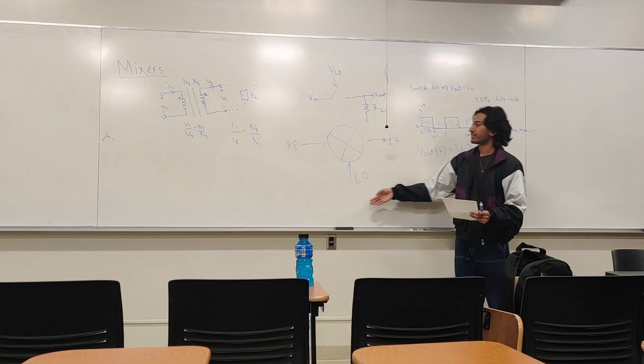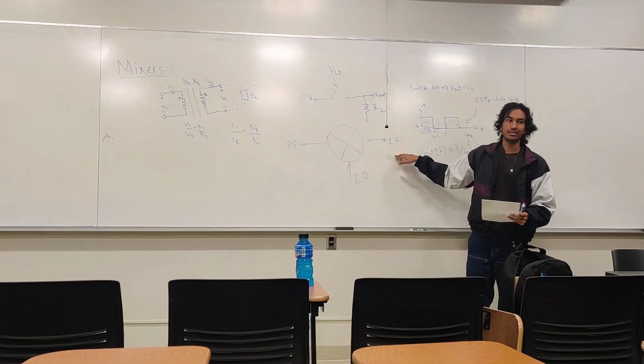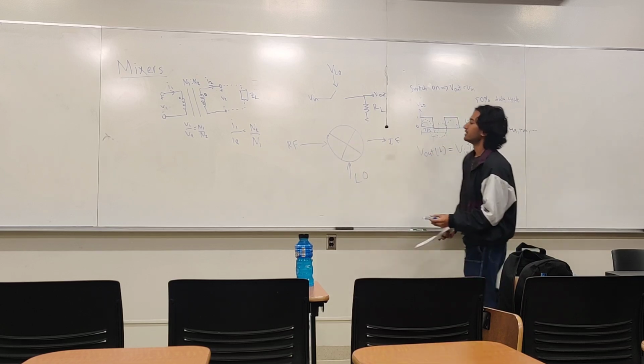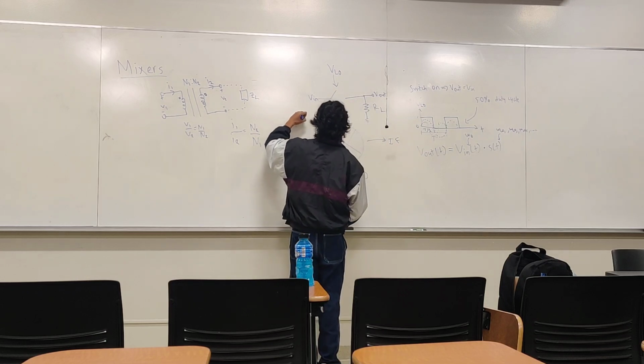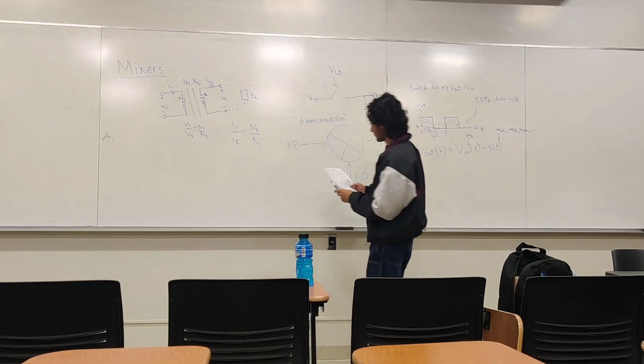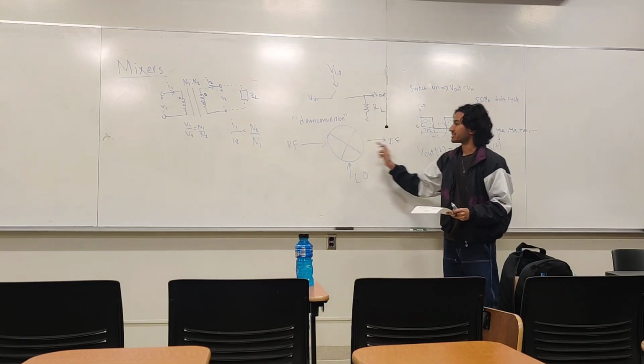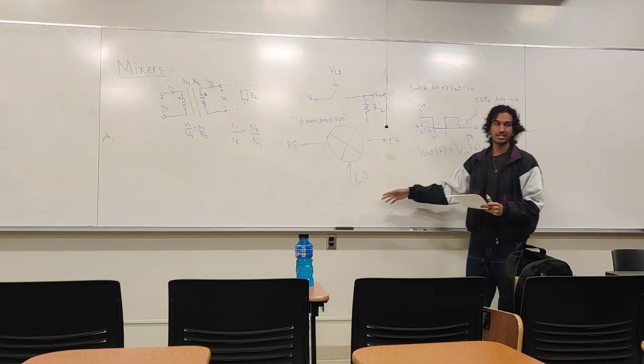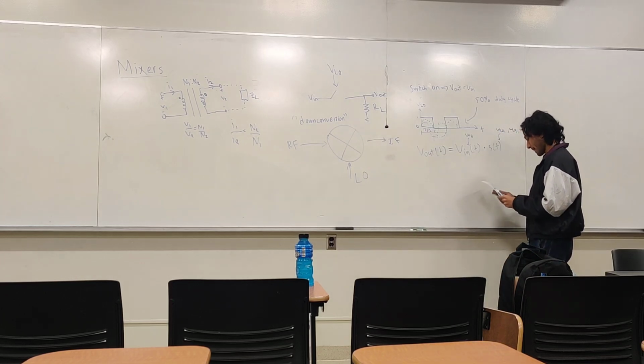And if you're going to up convert, you're going to have an IF here, RF out. This is a typical notation. So I'll write this down as down conversion. And in up conversion, you just flip these, pretty much. Use the same LO.